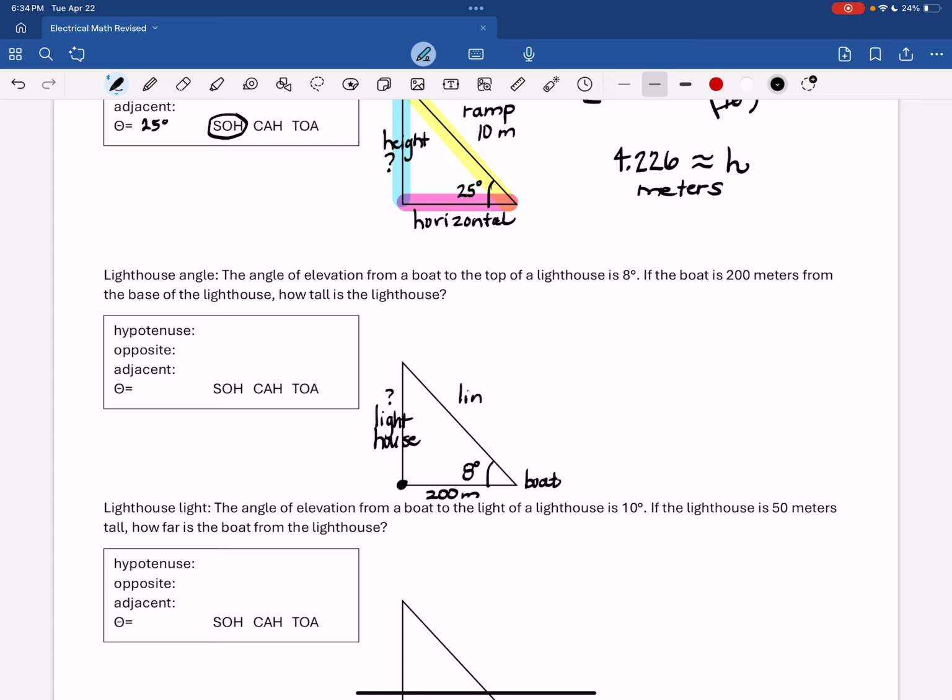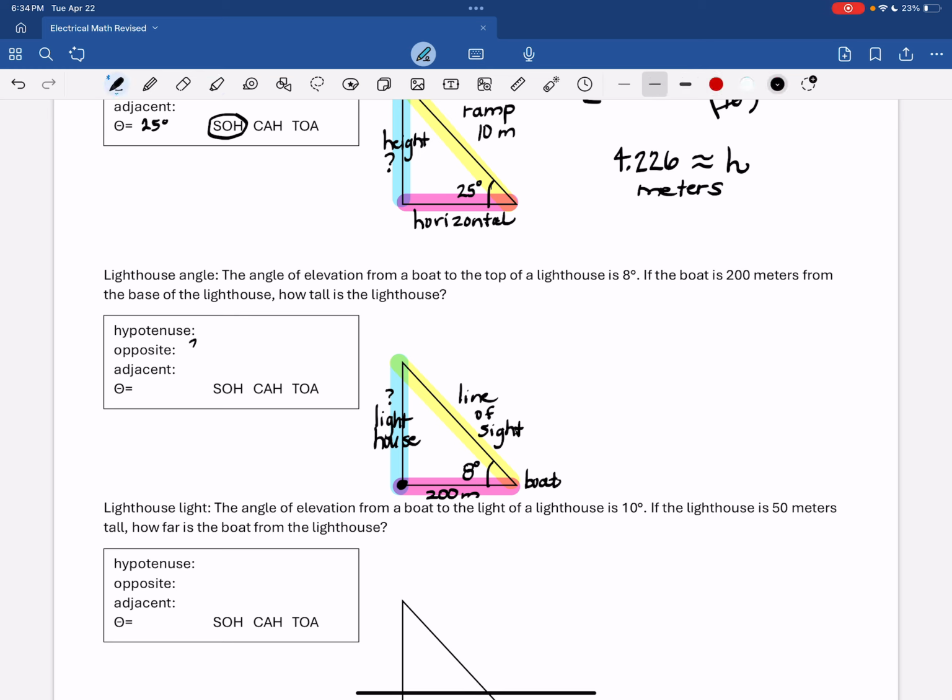So we're not really interested in the line of sight on this one. But let's mark these anyway. There's adjacent to theta, opposite theta, and then hypotenuse.